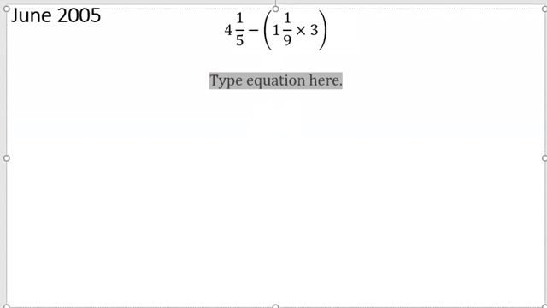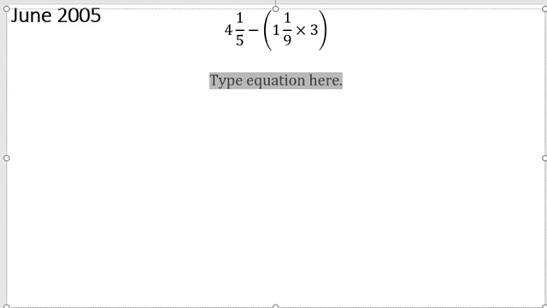So now we have June 2005. And if you remember from your arithmetic operations law, whenever there's a bracket, we always work our bracket first. So I am just going to put back the 4 and 1 over 5, but I'm just going to change it to an improper fraction.